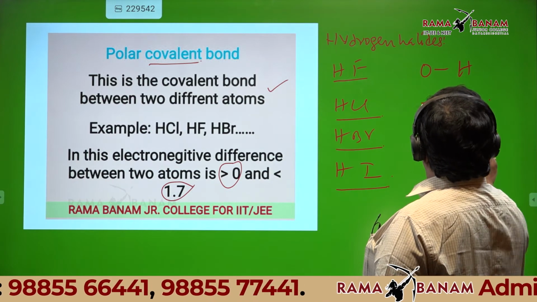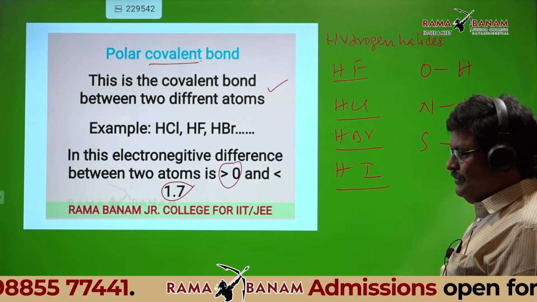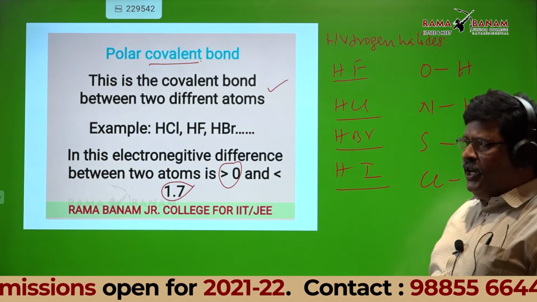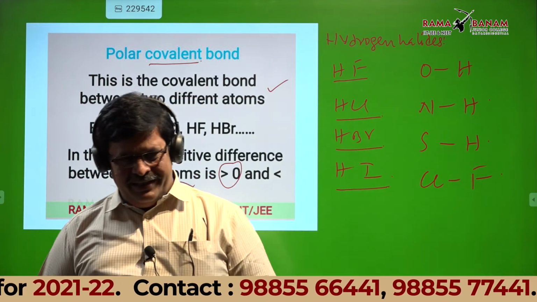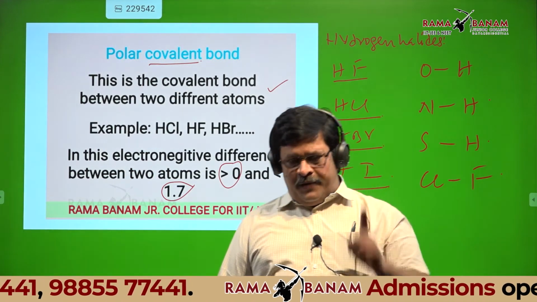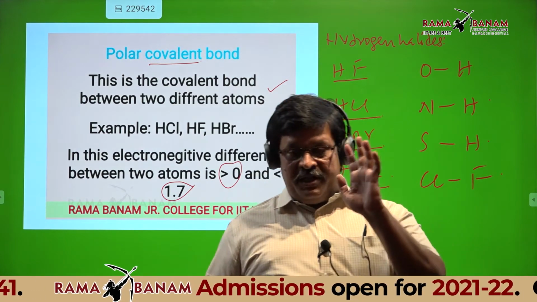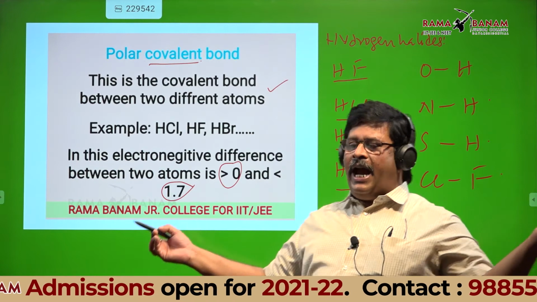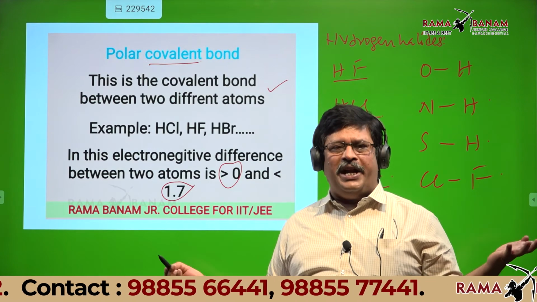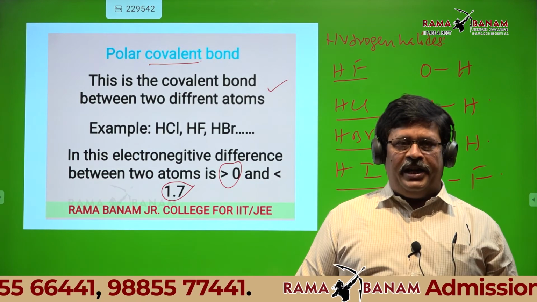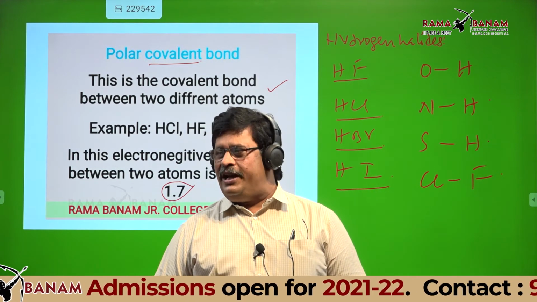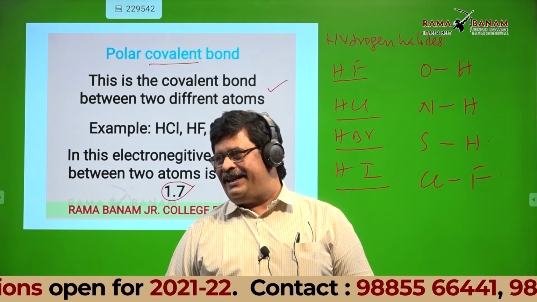What I'm asking is not that one atom should be hydrogen; that's no need. Is the bond between chlorine and fluorine polar? Polar. Then there is no need of hydrogen. If the electronegative difference is less than 1.7 and it is between two different atoms, that can be a polar covalent bond. It can be formed between any two elements other than hydrogen also. So many are there, but I mentioned hydrogen halides because you all know something about them. That's why I took HF, HCl, HBr and HI. Is it okay?